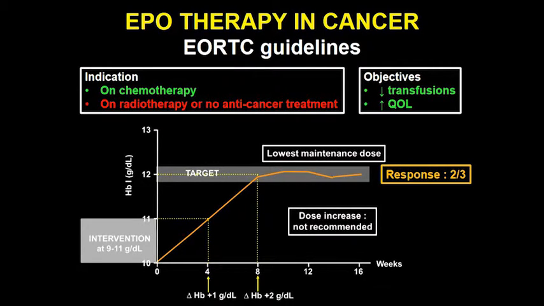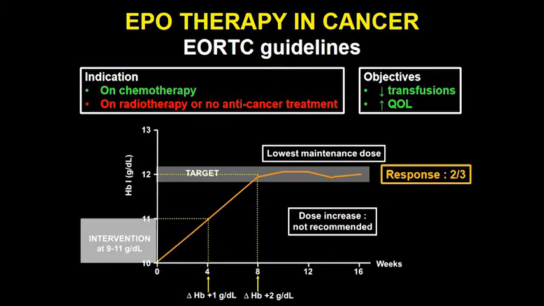So by way of conclusion, I would say that for patients on chemotherapy or radiotherapy or no anti-cancer treatment, EPO therapy, well, 1 gram per month, seems to be efficient to get the patients to a level of about 12 grams. We try to use the lowest possible EPO dose to still meet the target.